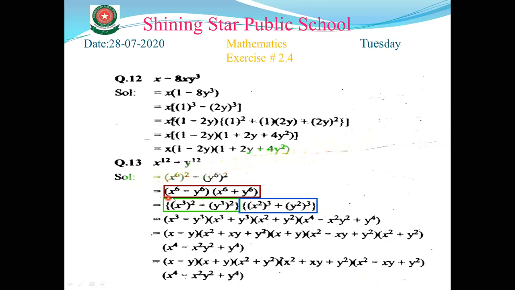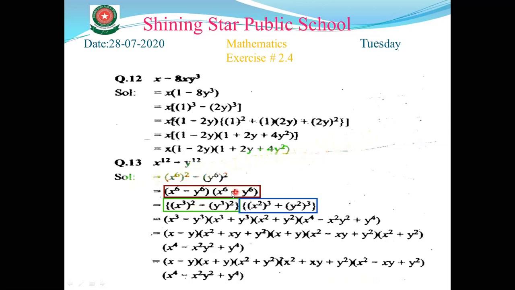Let's check. X power 6, so we write x cube whole square minus y cube whole square. Why? Because between them we get minus, and we have the formula of a square minus b square, which is (a minus b)(a plus b). So that's why we change this into this pattern.